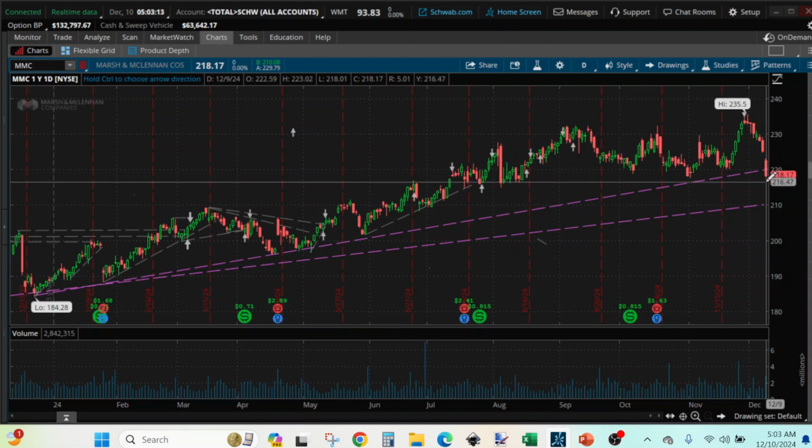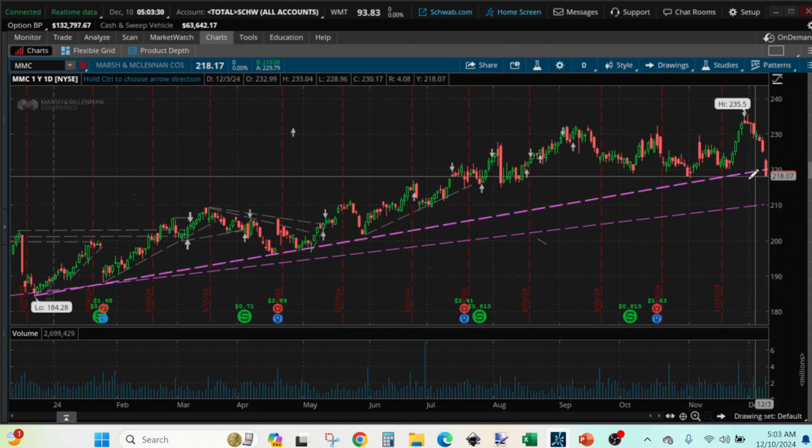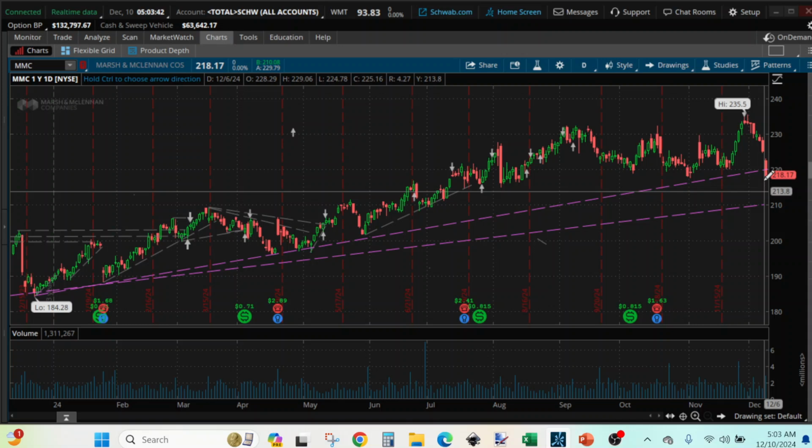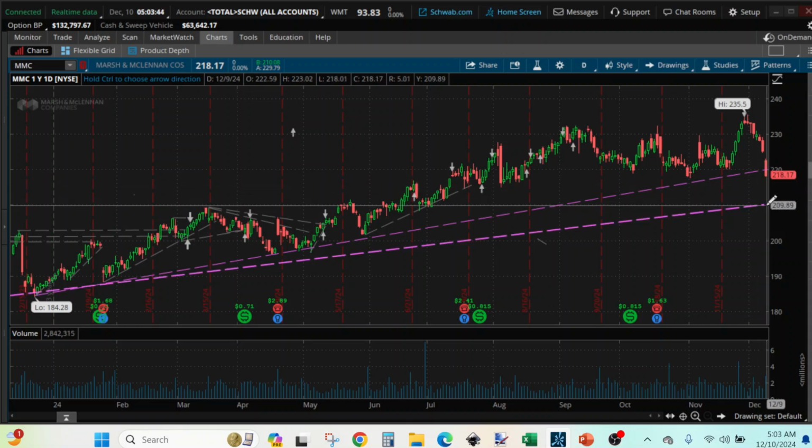I'd like to see if it's going to use this line as a support and start going up from there. But if today is another pullback, then we will target this line.